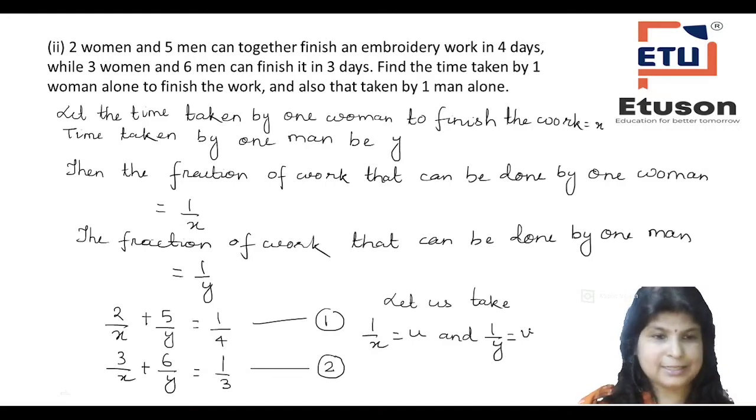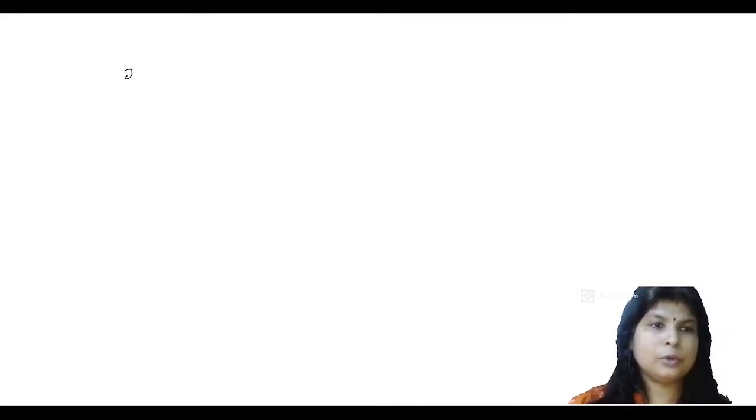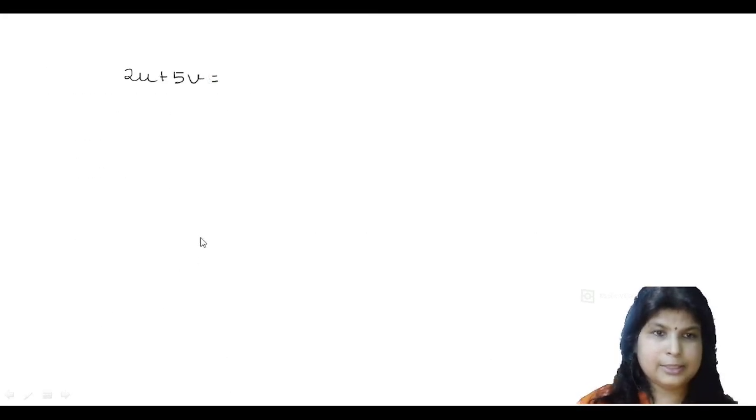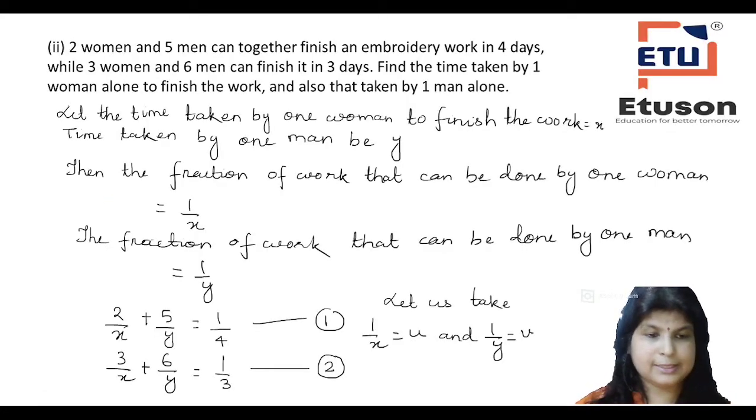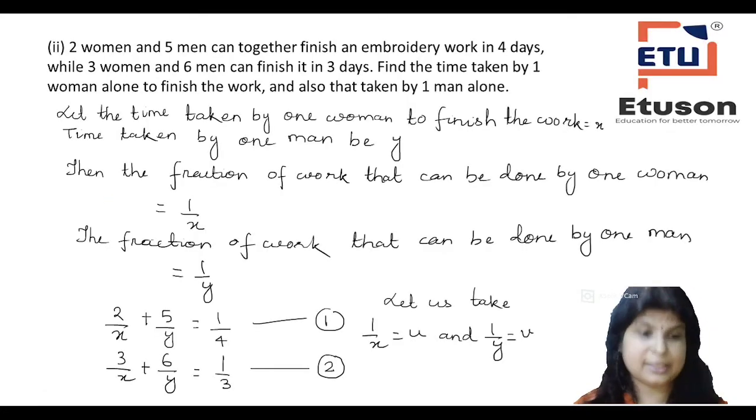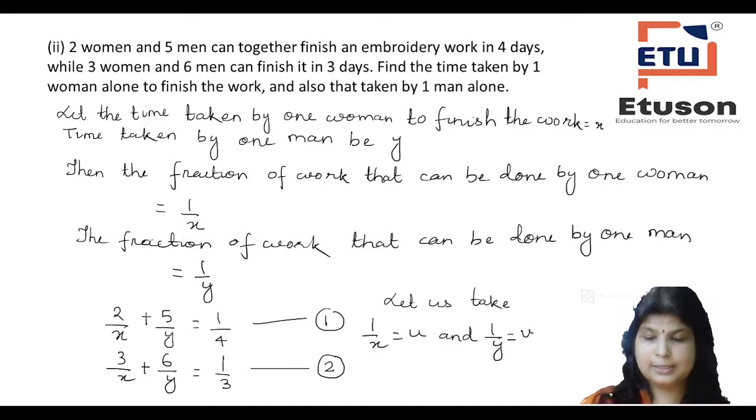So I'll just write down in the next slide. So first one will be 2u plus 5v is equal to, let us just check it out, that is 1 by 4. Correct or not? Okay. What about the other equation? It is 3 by x, that means 3u plus 6v is equal to 1.